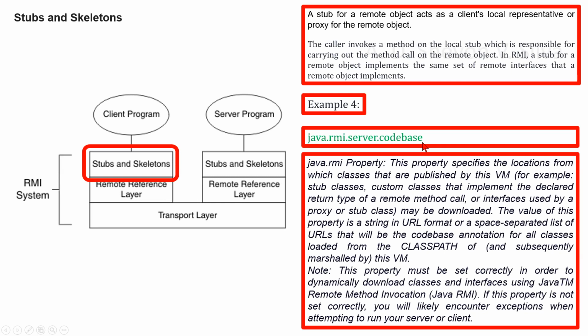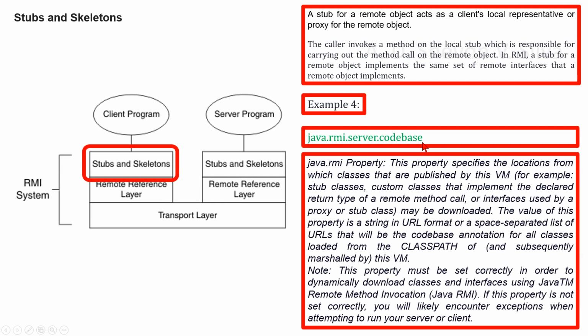The value of this property is a string in URL format or a space separated list of URLs that will be the codebase annotation for all classes loaded from the class path of and subsequently marshaled by this VM.